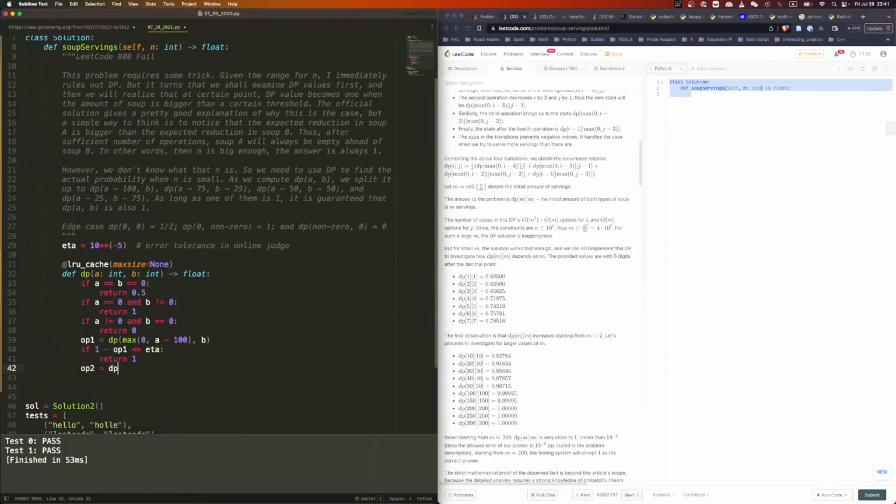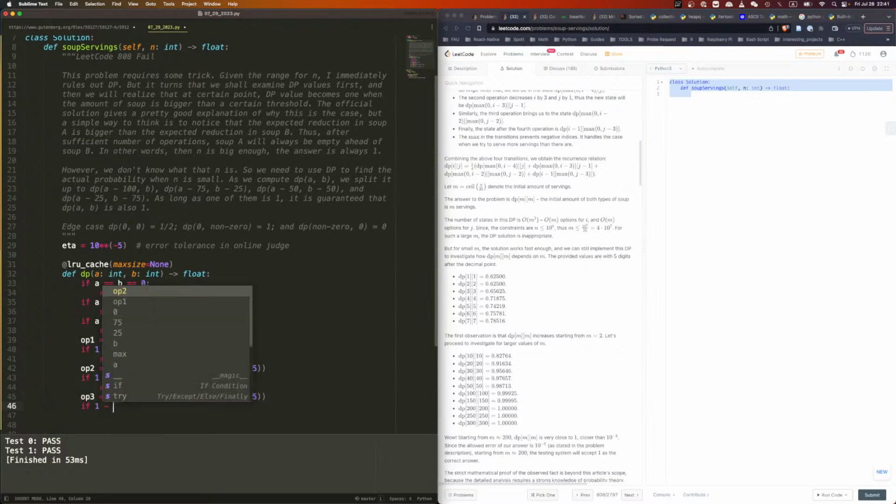op2 is dp of max(0, A minus 75), max(B, 0, B minus 25). Right, again, if 1 minus op2 is smaller or equal to eta, return 1. op3 is dp of max(0, A minus 50), max(0, B minus 50).